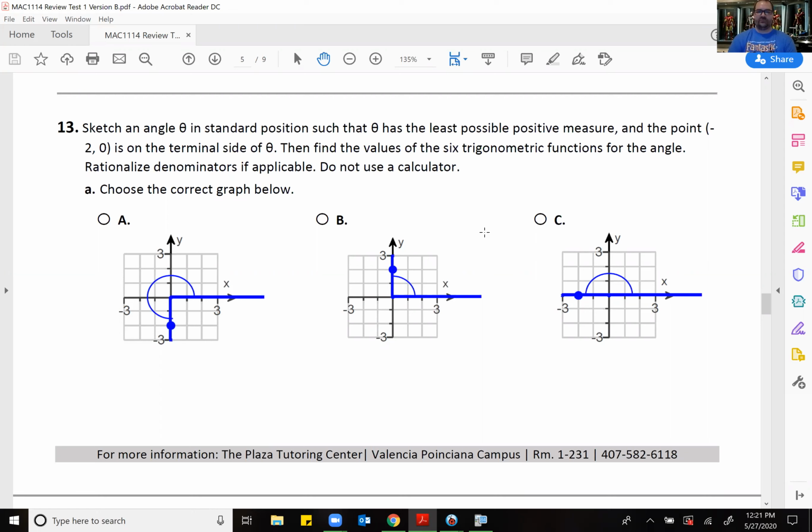So now we can find all our trig functions. We just got to plug in. Easy peasy. So y over your r, which is 2. So that is 0. Cosine is your x, which is -2, over your r, which is 2. So that answer is -1.